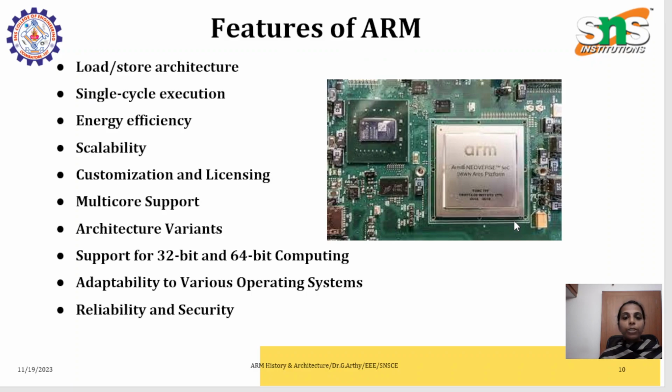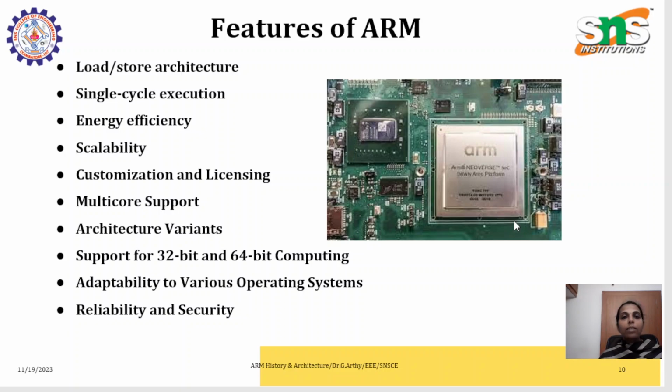Now coming to the features of ARM. A few features of ARM have been listed here. One is load-store architecture. Since it is based on registers, it uses load-store architecture. Then it has single-cycle execution: every instruction takes a single cycle to execute. Energy efficiency is a major reason why ARM is used in many portable devices. Then scalability: it is used in mobiles, smartphones, tablets as well as in laptops.